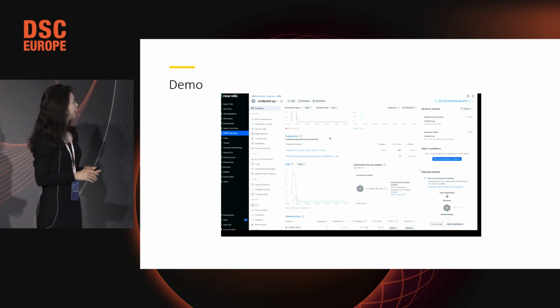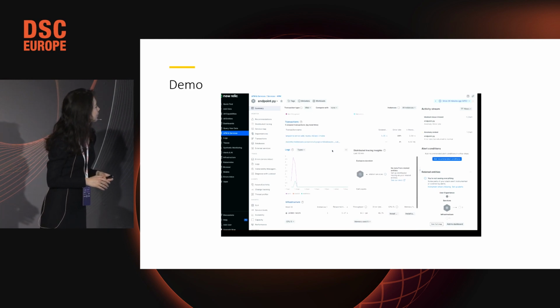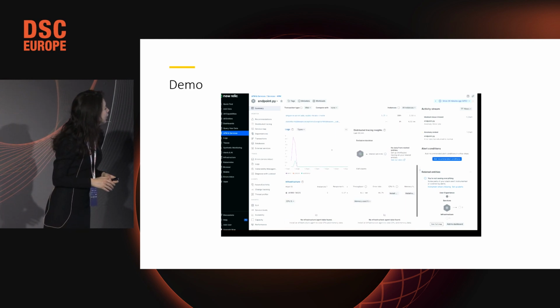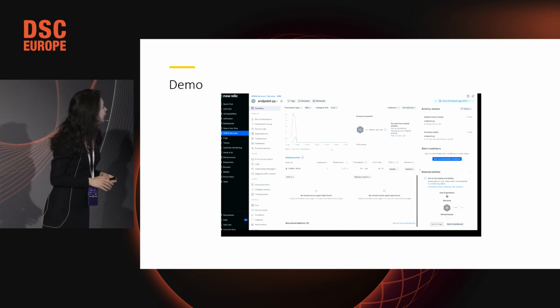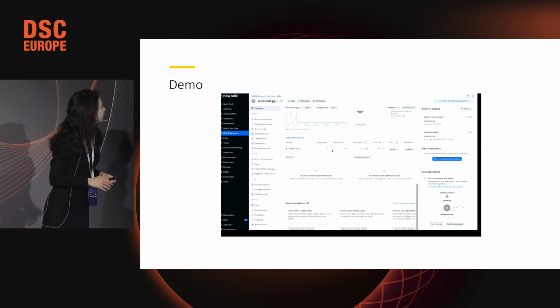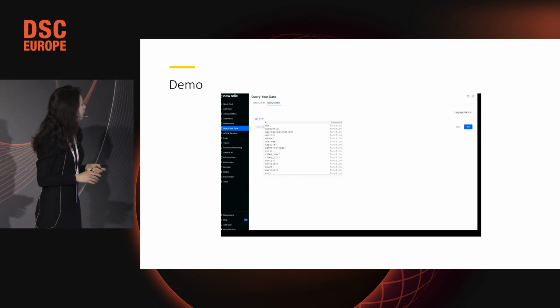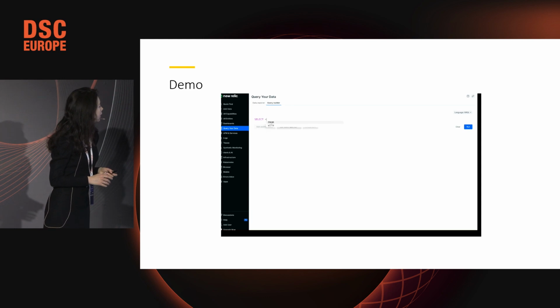And for that, we need to go to query. Let's go to query. And the syntax is very similar to SQL.